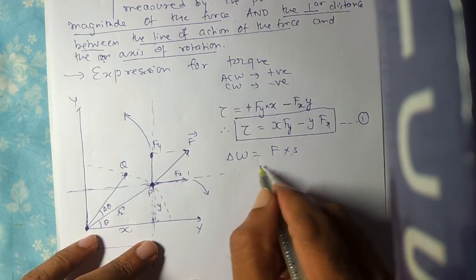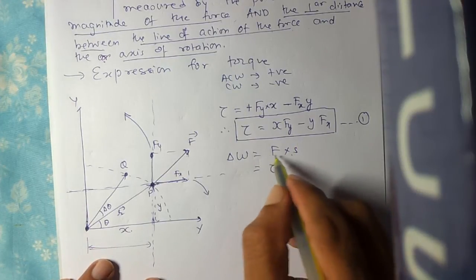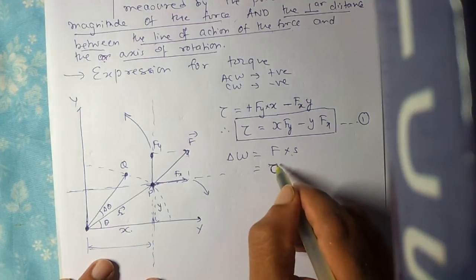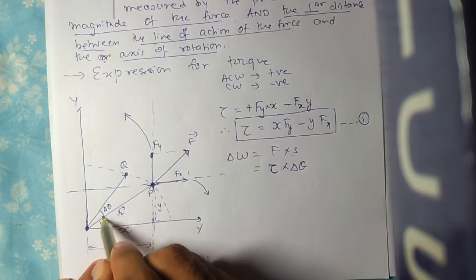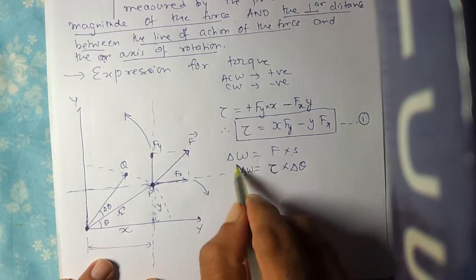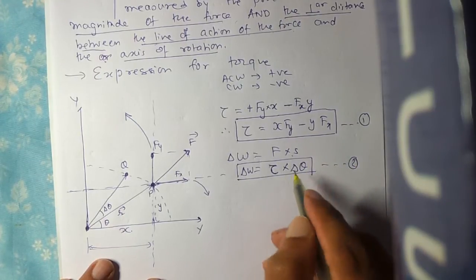For rotational motion, F gets replaced by torque, because in linear motion force causes motion, whereas rotational motion is caused by torque. And displacement is delta theta. This force has caused it to displace through delta theta. So delta W is equal to tau into delta theta.